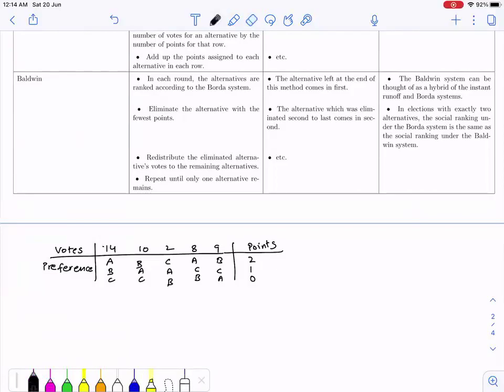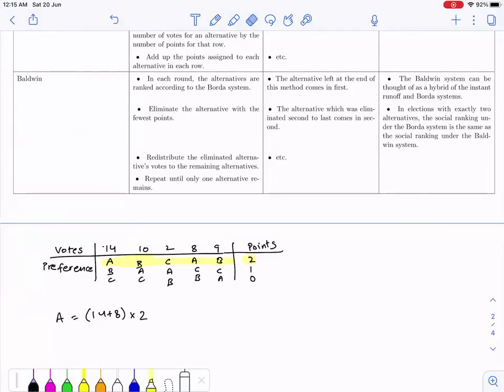Now, to find the points for A, let's say, you look at each row. So look at row 1, which corresponds to 2 points. That is the top preference. And then you look at the number of votes for A. So you have 14 plus 8 votes for A with the top preference. So 14 plus 8 times 2.